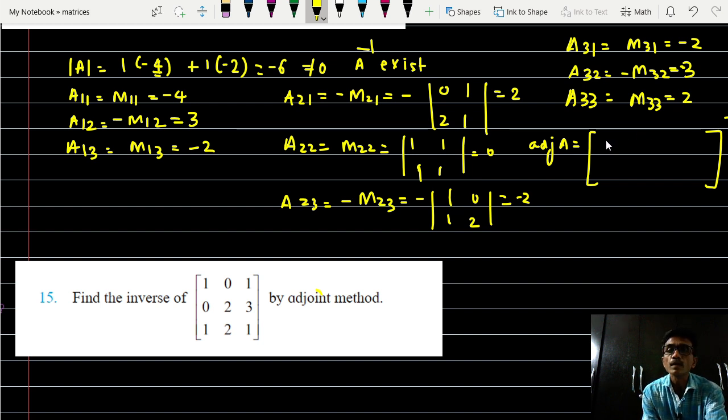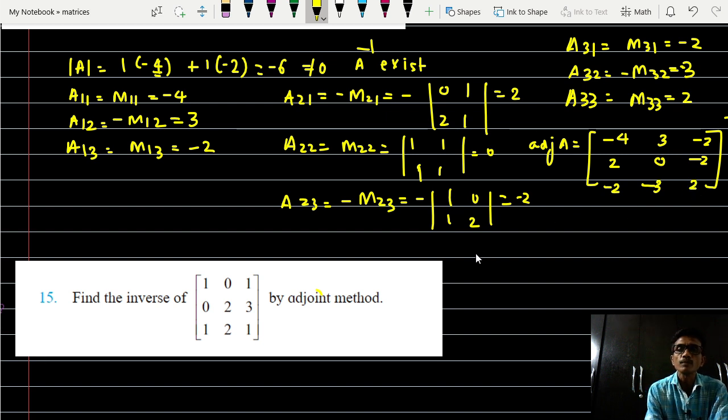What is our A11? Minus 4. A12 is 3. A13 is minus 2. A21 is equal to 2. फिर A22 is 0, A23 is equal to minus 2, A31 is minus 2, A32 is minus 3 and A33 is 2. Transpose of that. So adjoint of A is equal to transpose of this matrix.